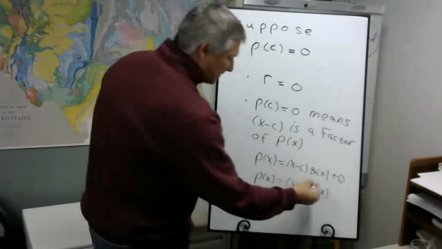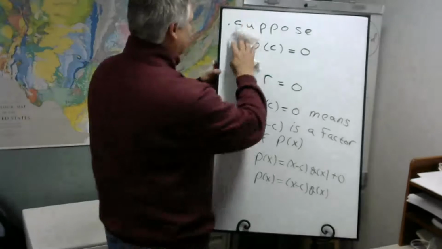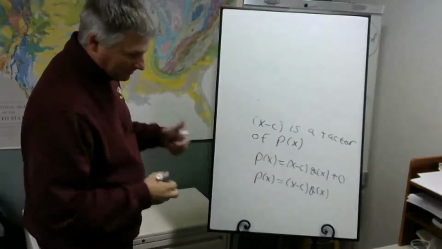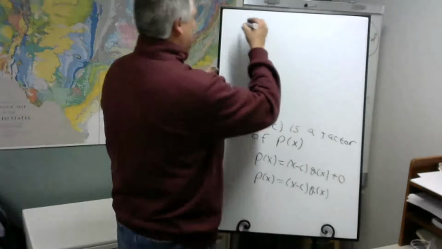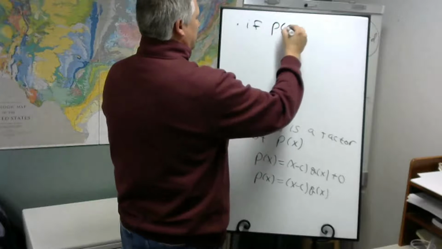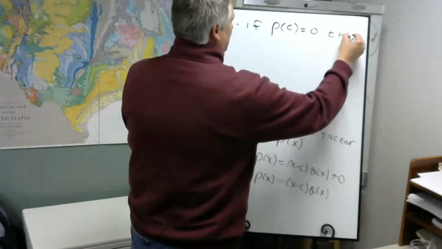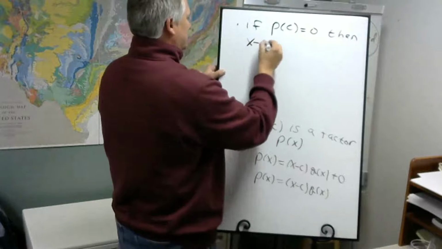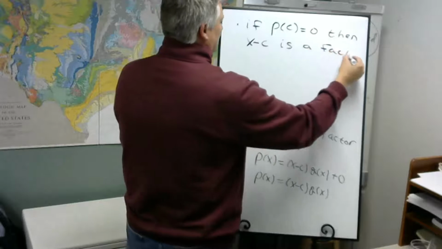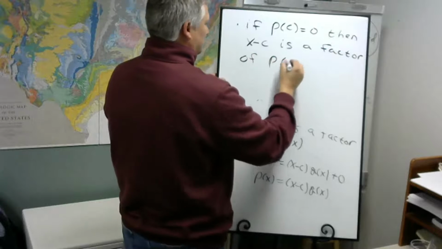So this is the factor theorem, that essentially if P of C equals 0, then x minus c is a factor of P of x.